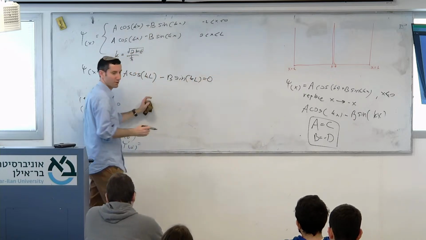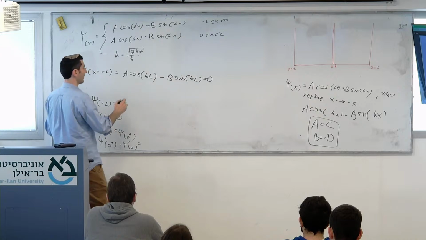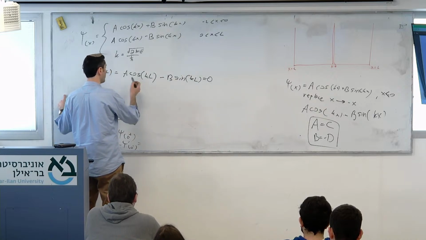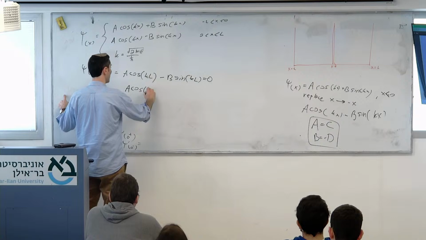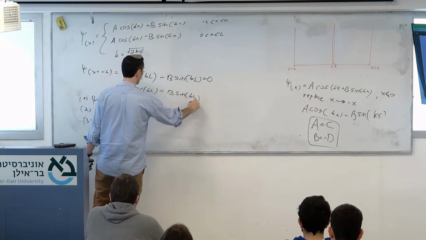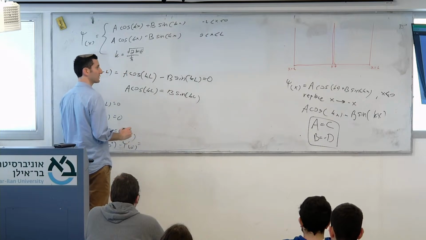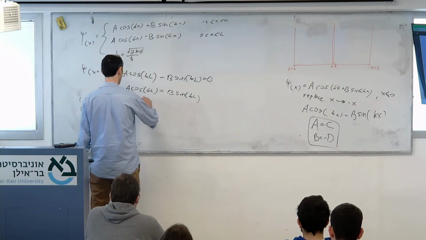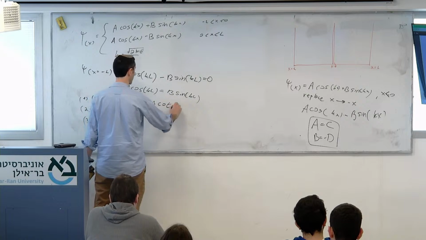This must equal 0. Therefore A cosine KL equals B sine KL, and I can conclude that B is equal to A cotangent of KL.